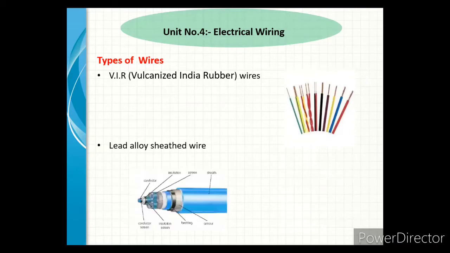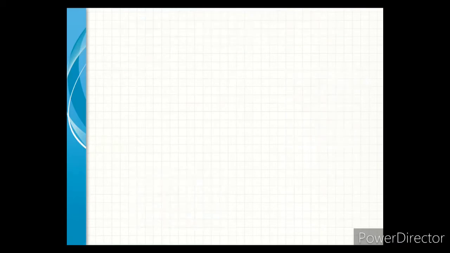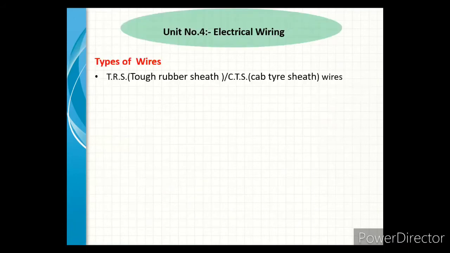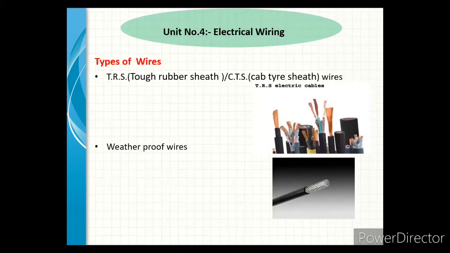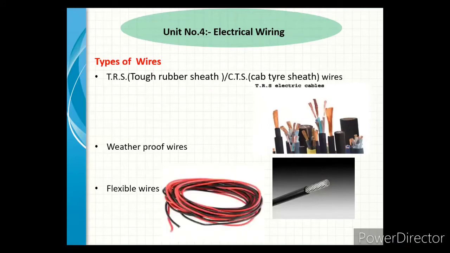Third type is TRS, tough rubber sheathed, or it's also called CTS, cab tyre sheathed wire. Fourth one is weatherproof wire. Fifth one is flexible wire.